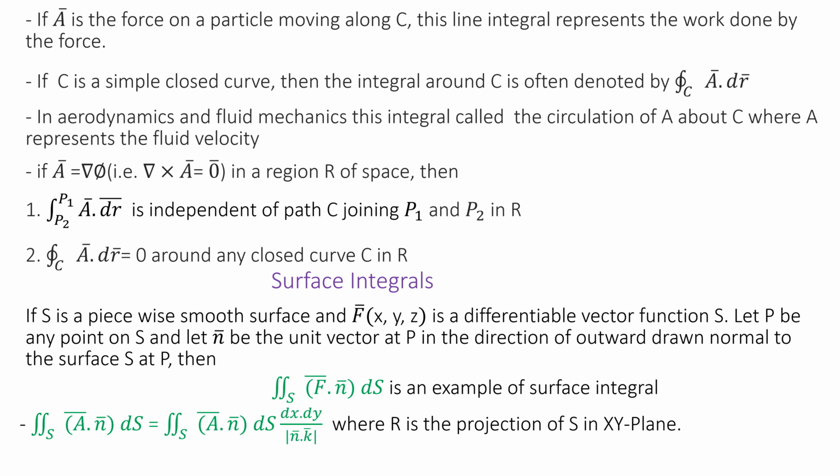The surface integral of A bar dot n bar dS is equal to the double integral over R of A bar dot n bar dx dy divided by n bar dot k, where R is the projection of S in the xy plane.